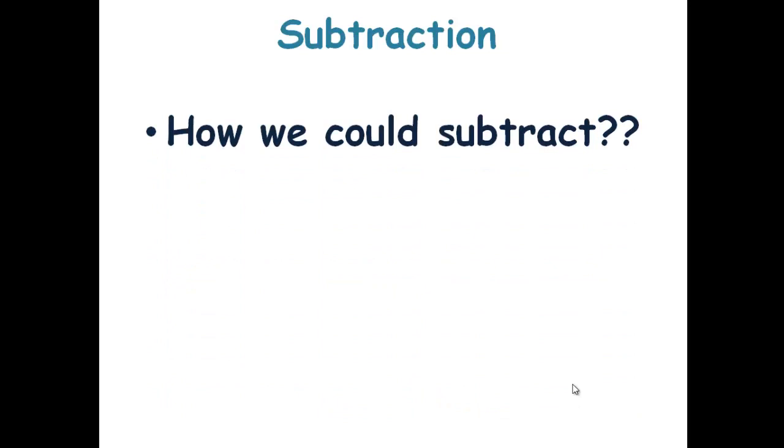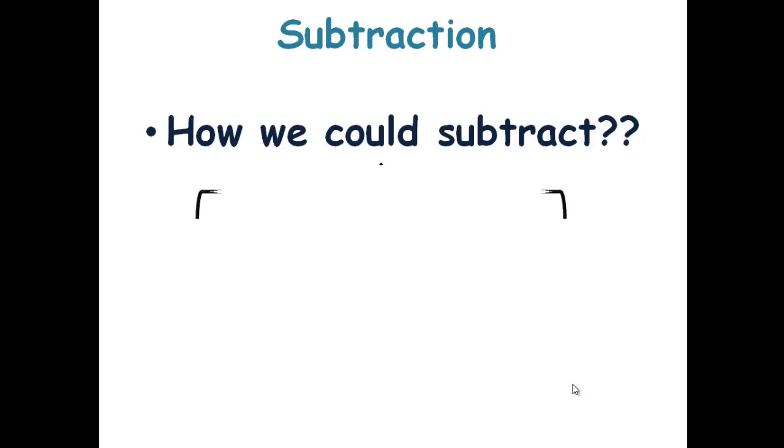Now, there are many ways, by the way, to subtract. And in the coming lesson tomorrow, I will remind you that there are different ways of subtracting. But today we are going to learn one way. So let's remember how we could subtract first, how we could do the operation in our brain.